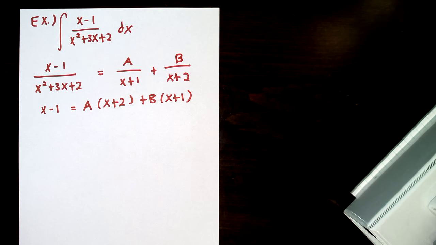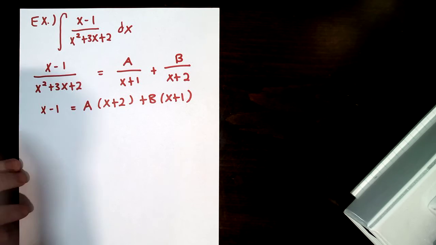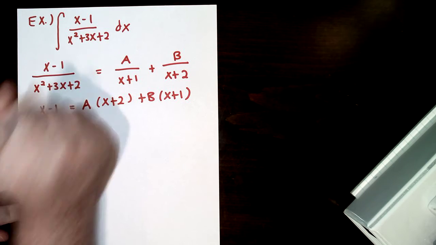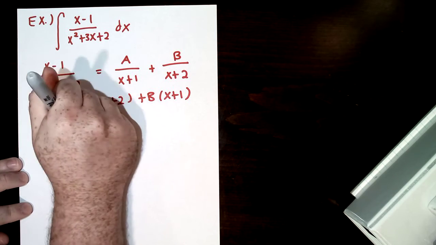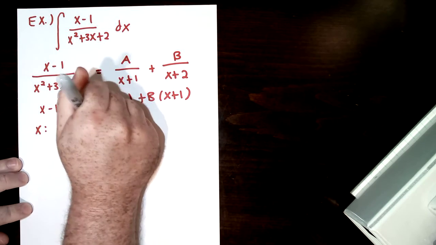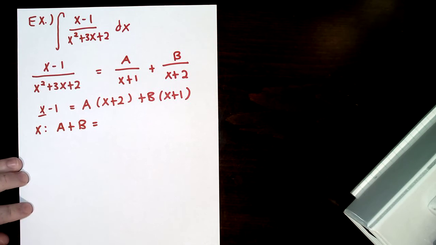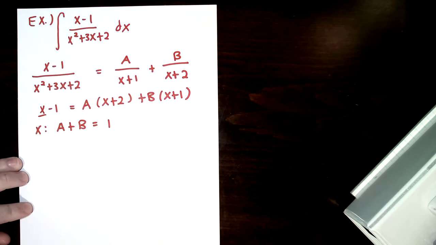And now we're going to go ahead and write a linear system of two equations in order to solve for a and b. And we'll do this by comparing coefficients. So let's take a look at our x terms. We have ax and we have bx. So a plus b is going to be equal to, what's the coefficient of our x term? It's going to be equal to 1.